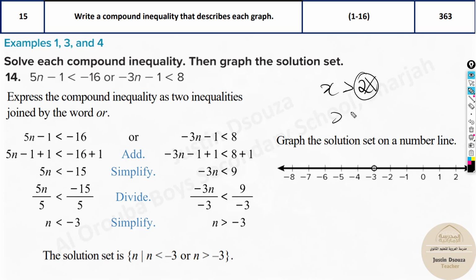So you must make sure that it is all values greater than 2, not equal to 2. Even over here, greater than minus 3, less than minus 3, it cannot be minus 3. So therefore we have a hole. That means that value is not true for this particular equation, so you must exclude that value. Therefore, there's a hole here.